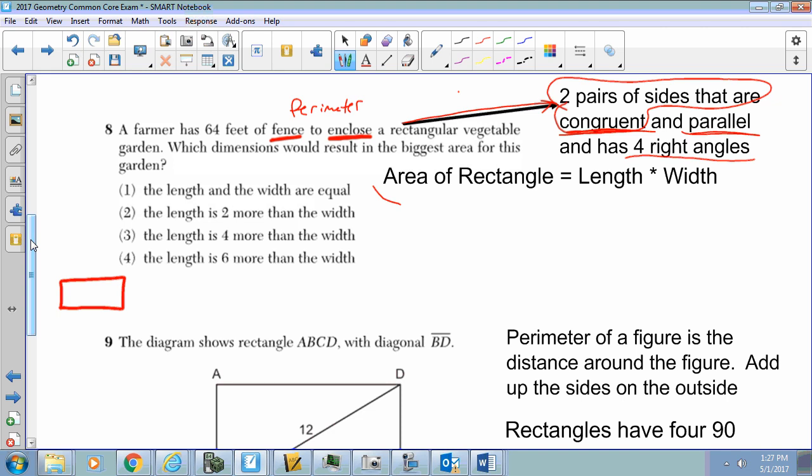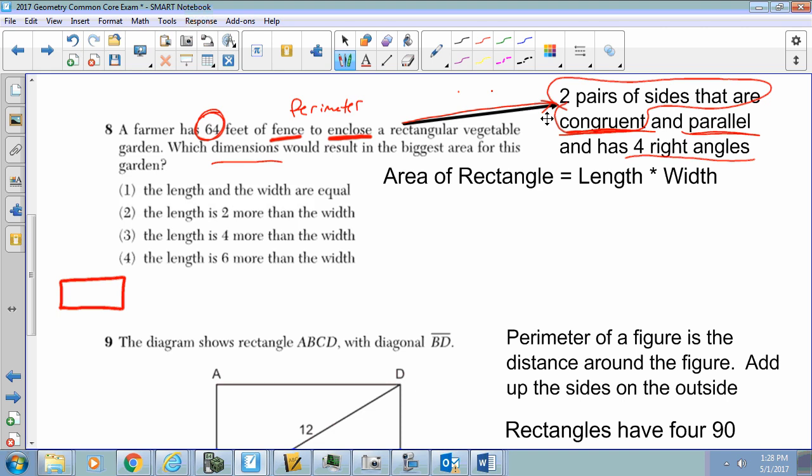Okay, now, what dimensions would result in the biggest area for this garden? Let's look at these. Actually, I'll go from the top to the bottom. All right, now, if we have 64 feet of fencing, and the length and width are equal, well, what does that mean?